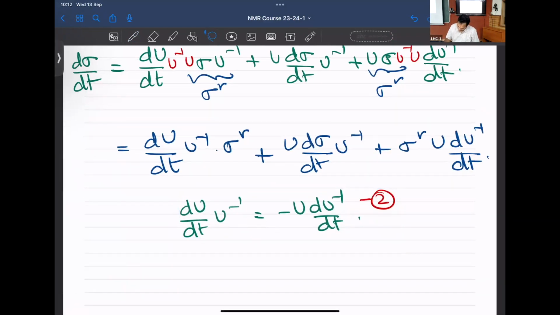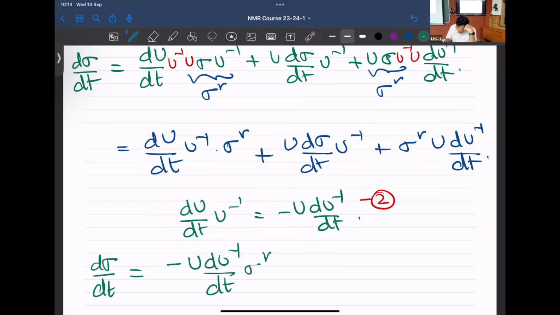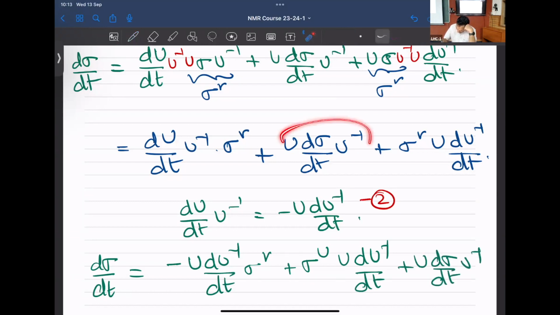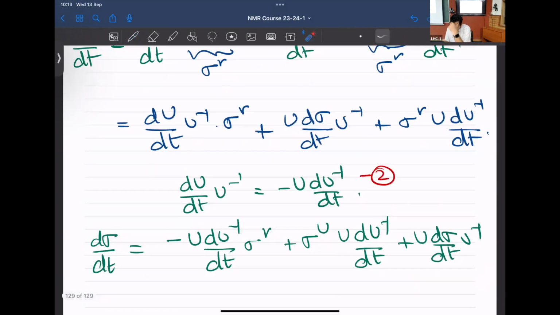Okay, so therefore, you are able to realize one part that you have here is right here, and the other part that you have is also right there, correct? Minus u du inverse dt sigma R plus sigma R u du inverse over dt plus u d sigma over dt with a u inverse. These are the different entities that are present.